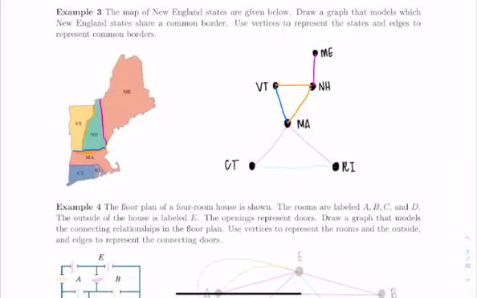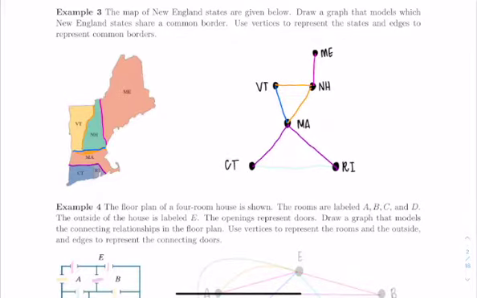Now let's look at Massachusetts. We've already taken care of the Vermont and New Hampshire common border, but we also share a common border with Connecticut and Rhode Island. That takes care of Massachusetts.